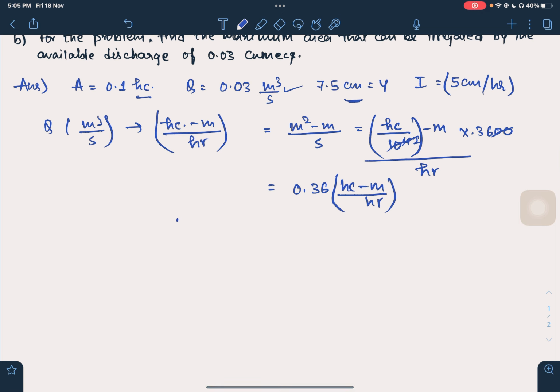Now Q is given as 0.03 into 0.36. The value of Q comes out to be 0.0108 hectare meter per hour.